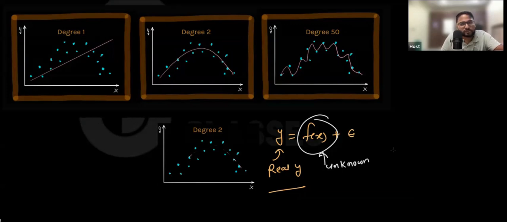So what is the problem with learning noise? If we learn this noise, the noise is not consistent. If you pay too much attention to the training data, it's not like the test will follow this noisy pattern.